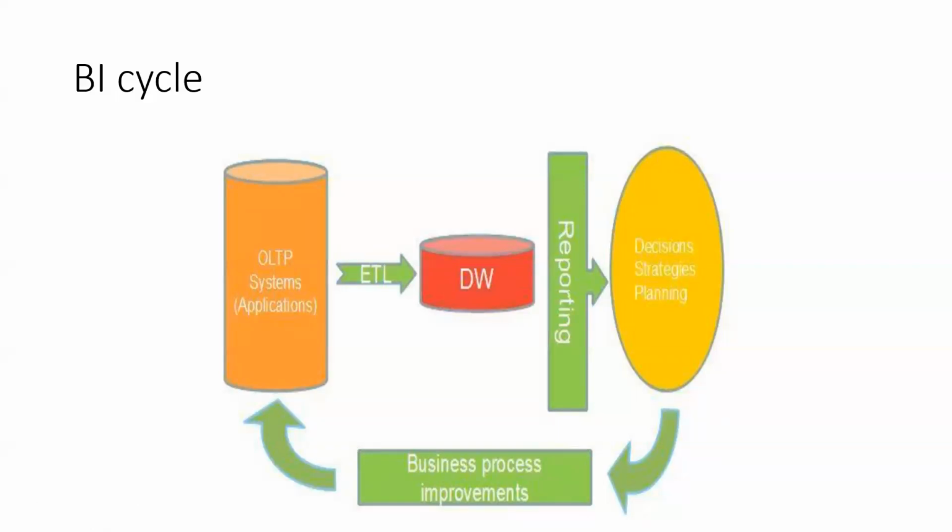You can see on the computer they are entering something. They are registering your mobile number, your name, what product you have purchased. Maybe you are also giving some feedback, and they're also storing the feedback. So in the OLTP system, we are receiving all those kinds of source data.